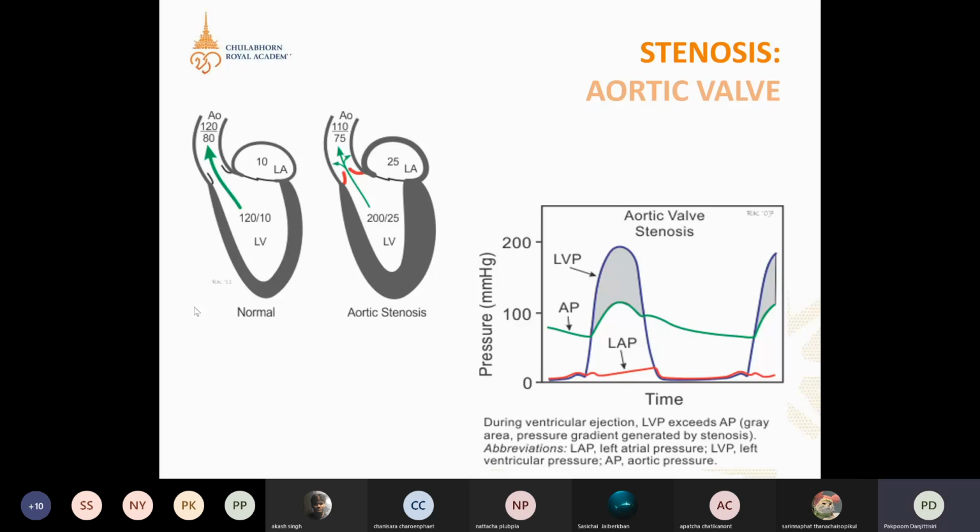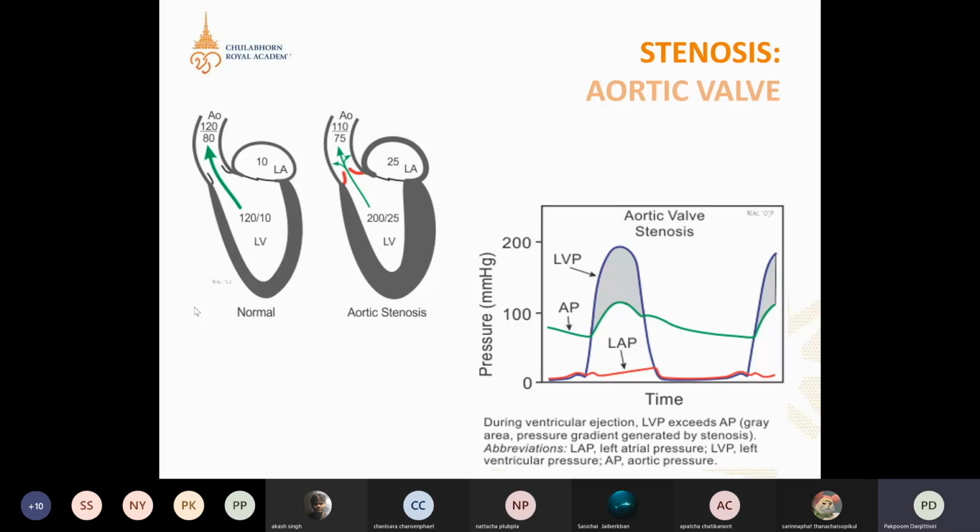as an impact of the LV hypertrophy or the pressure gradient, the LV cannot pump out all the blood to overcome the aortic valve and into the aorta.